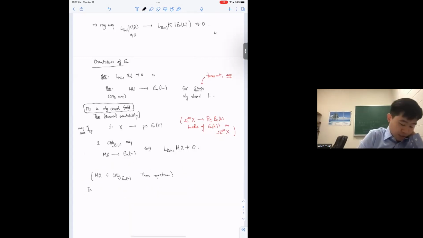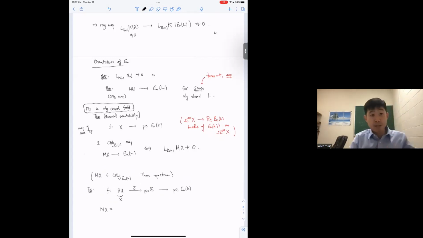So the example of this that I was mentioning above is that if I take F to be the J homomorphism, so X being BU, take the J homomorphism to pic of the sphere, and I compose under the unit map to pic of En of K, then the Thom spectrum is just the Thom spectrum of the J homomorphism tensored up to this Lubin-Tate theory.